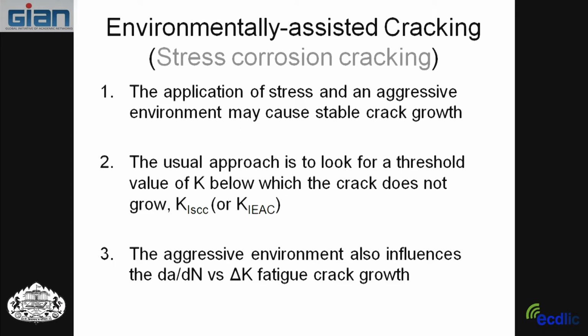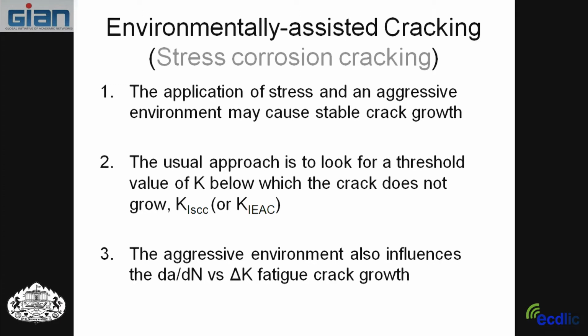Stress corrosion cracking is the old name for this. You apply stress and an aggressive environment that may cause stable crack growth under no cyclic loading, but just under a constant load.